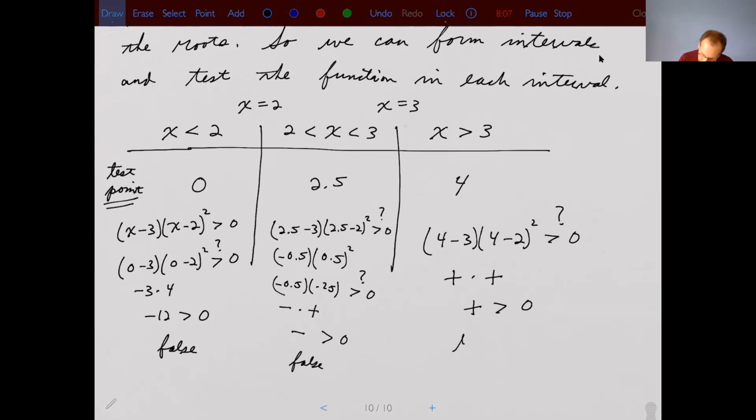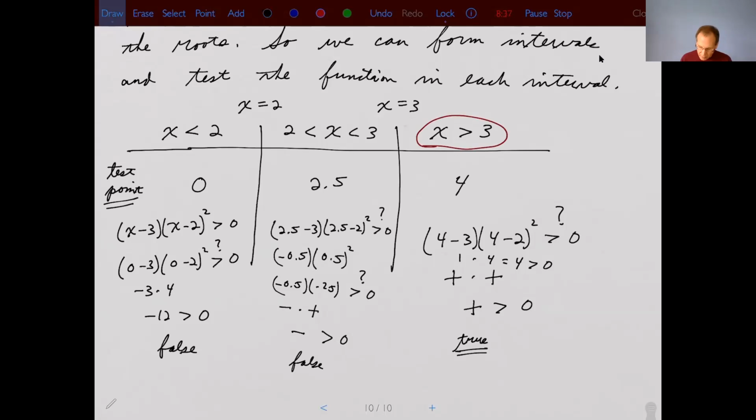That's true, whatever that value is. In this case, it's easy enough to work out. This is a 1. This is a 2 squared, so times 4, so this is going to be a 4. Is 4 greater than 0? Yes, 4 is greater than 0, so that's true. So as long as x is greater than 3, then we know that it's going to satisfy that inequality.